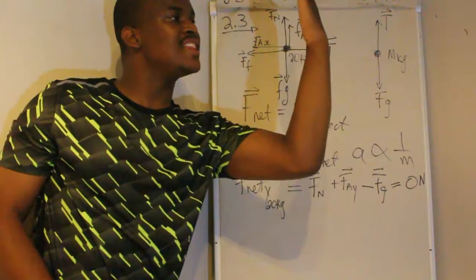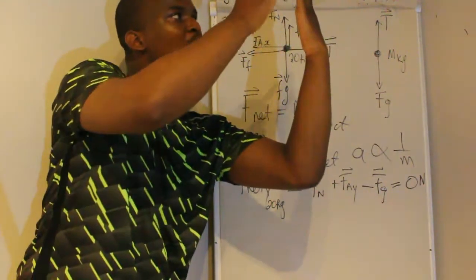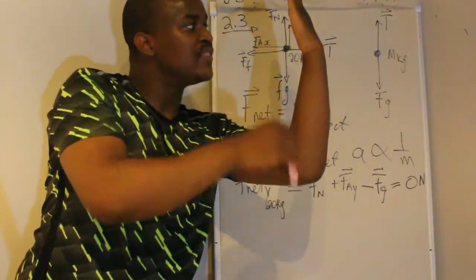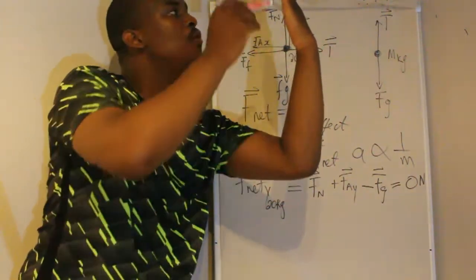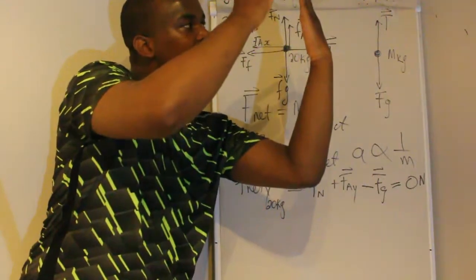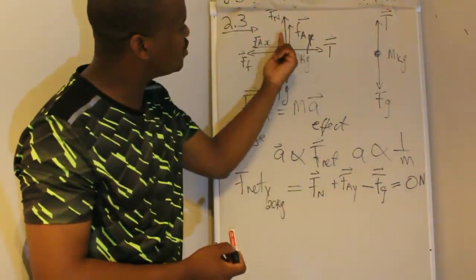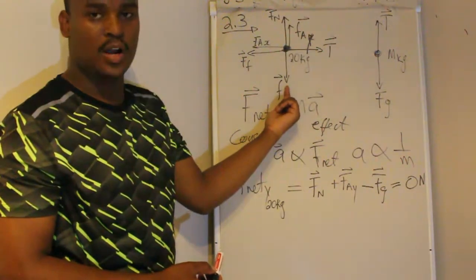It's still. That means that if you take the sum of the vertical forces, the upward forces and the downward forces are equal. The sum of these two forces is equal to this one.